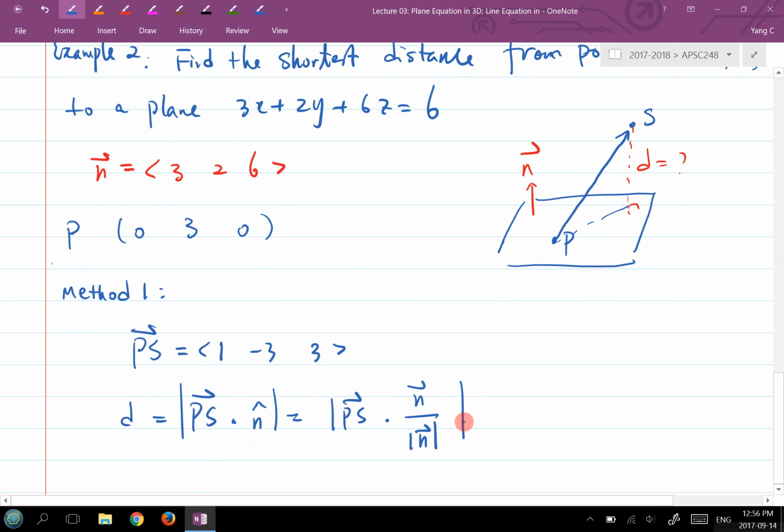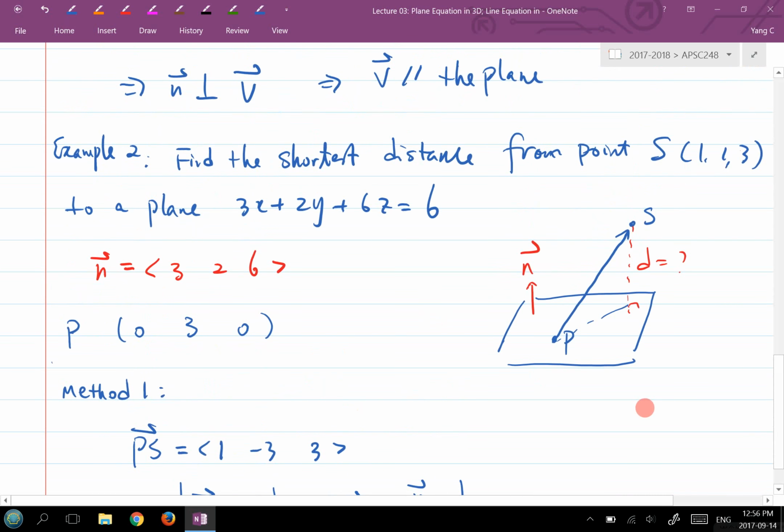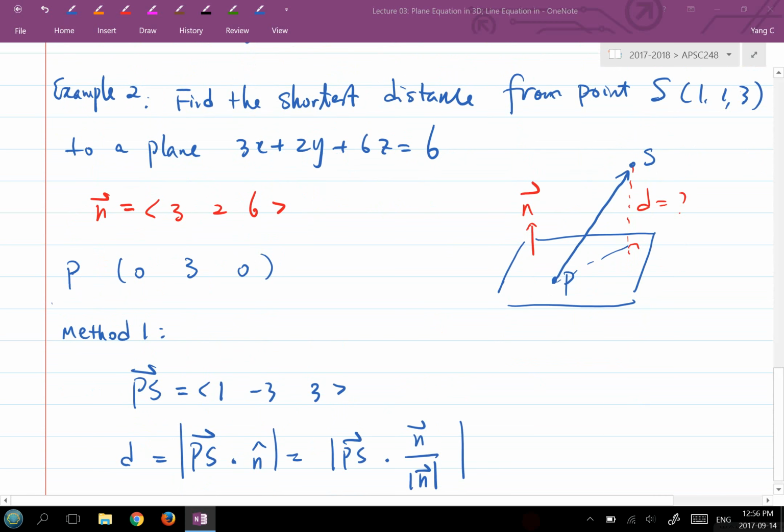Yes? The PS vector is not supposed to be -2. Oh, -2? 1 minus 3, yes, that's exactly right, sorry. Excellent. That's the type of mistake you will make during the exam. You calculate one number or one sign wrong, and then the rest will be wrong.